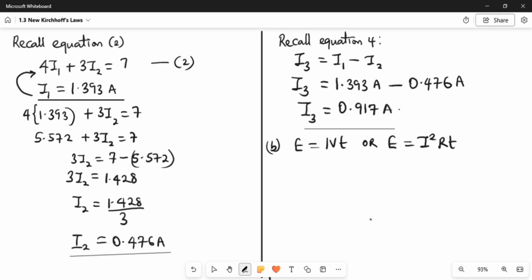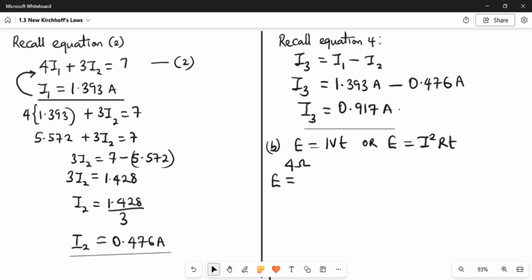So for the 4 ohm resistor, we have that E is equal to, if we check our circuit diagram, the current passing through the 4 ohm resistor is I1.